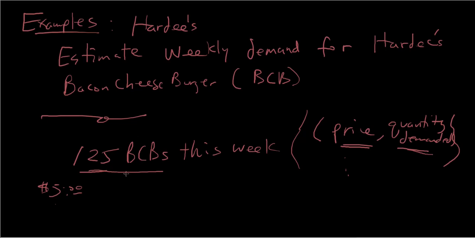The other thing is that demand is a collection of all those price and corresponding quantity demanded pairs, like $5 this and $4 that, etc. But this is just one pair, $5 and the actual number of bacon cheeseburgers sold. So this cannot represent the weekly demand for Hardee's bacon cheeseburger.